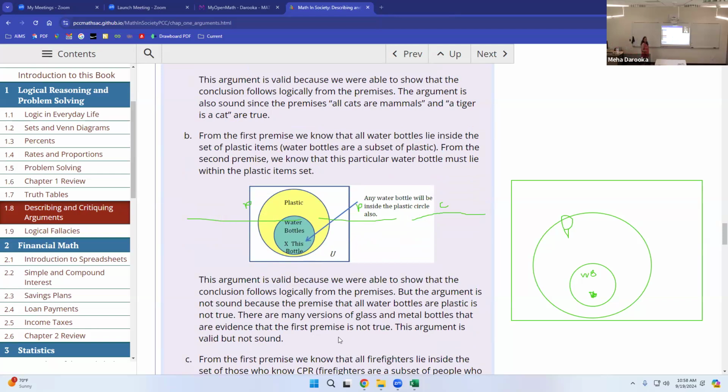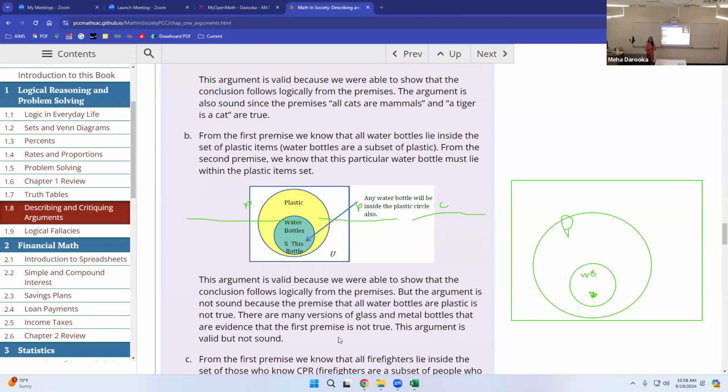In practice, I think that's where the confusion and the fight comes, because we know this should not be true. Not all water bottles should be plastic. But again, that's not what we are arguing here. We are arguing this statement this person made. Are we able to logically follow that and say, is this argument valid? We're not talking about if it's true or not. That comes in the second part.